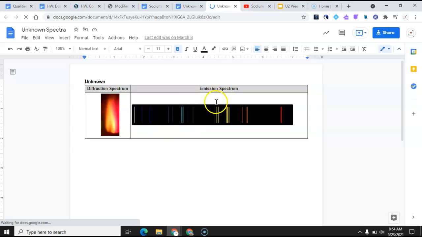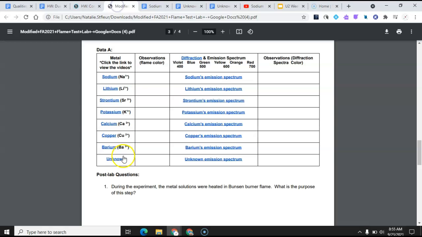Using this information along with the known elements will help you identify your unknown. Notice that the emission spectrum here has a mix of different things because your unknown is a mixture. So you have to figure out, from the diffraction and/or the emission spectra, which elements could be in your unknown. Everyone has to use the data that's provided because we didn't do that in the lab.